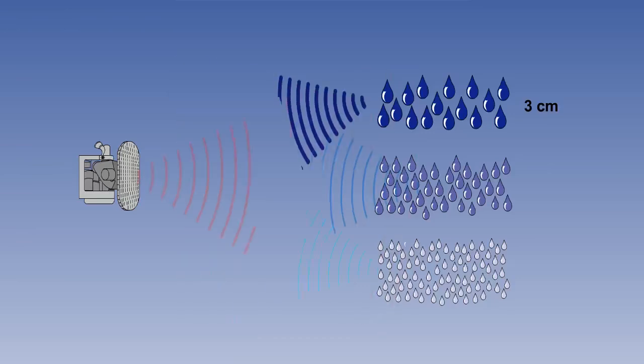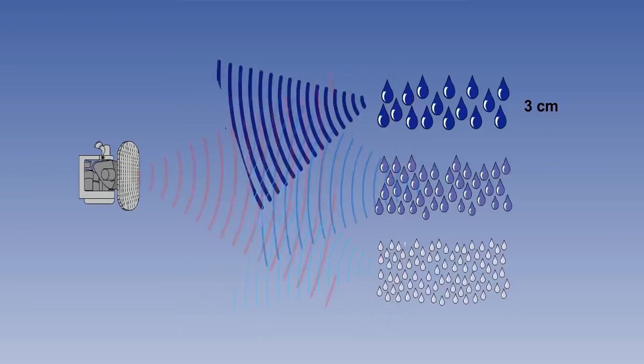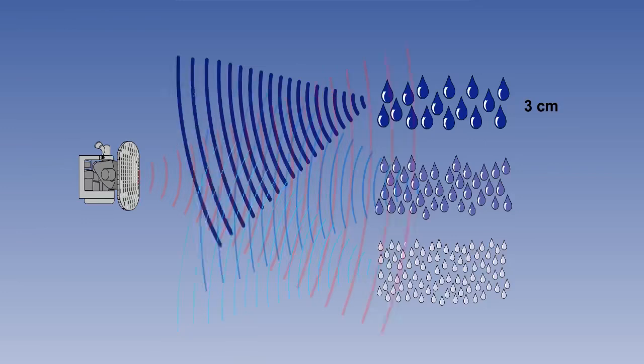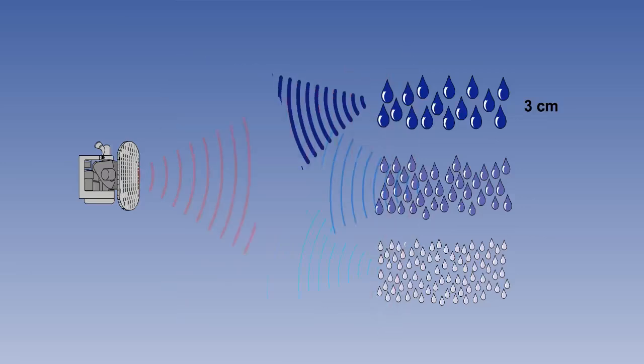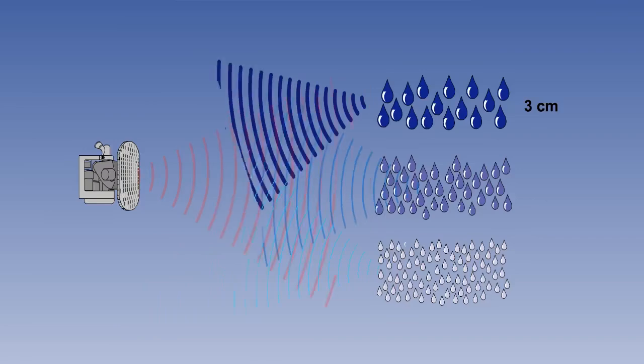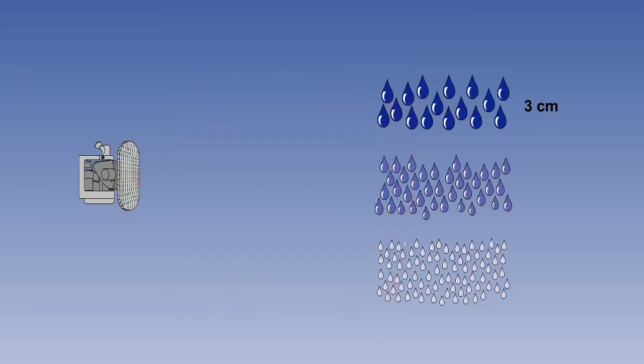The choice of radar frequency is largely determined by the purpose of the radar, which is to detect large water droplets and wet hail. These have a diameter of about 3 centimeters, and so the ideal wavelength is the same size.